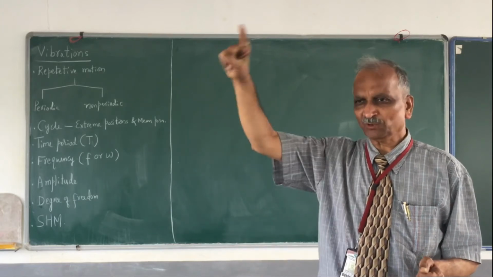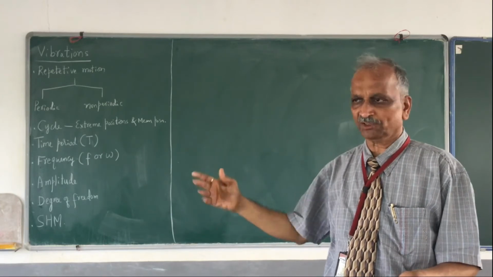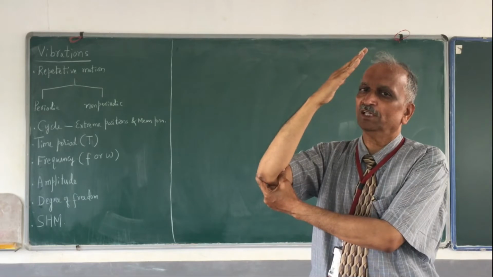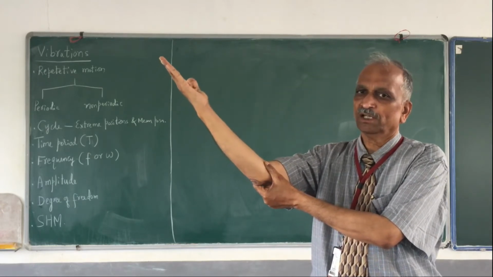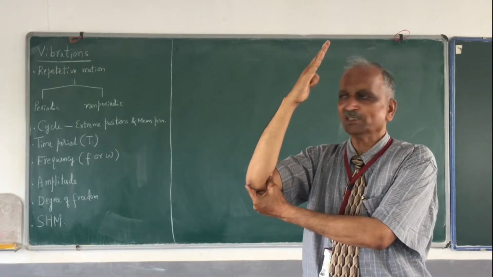It doesn't mean that we really go one complete circle around, not like that. In vibrations, even if it is angular, going to one extreme position, then to the other extreme position, and then coming back, this is what we call one cycle.